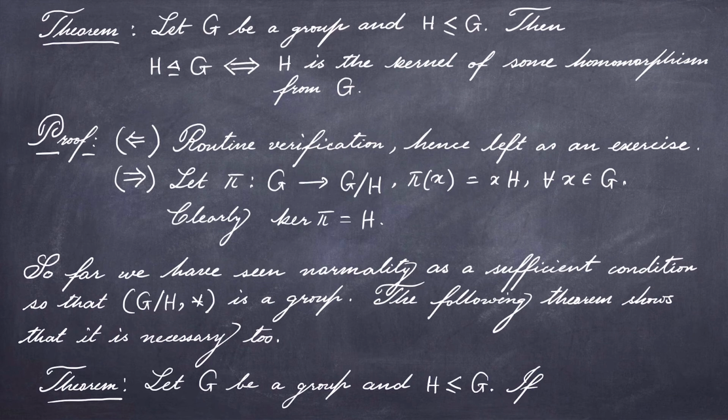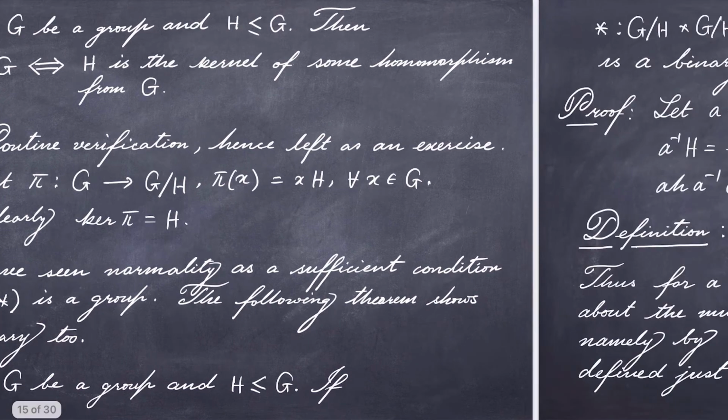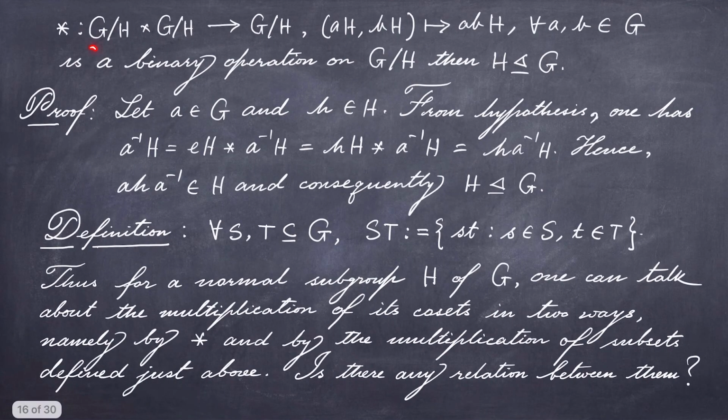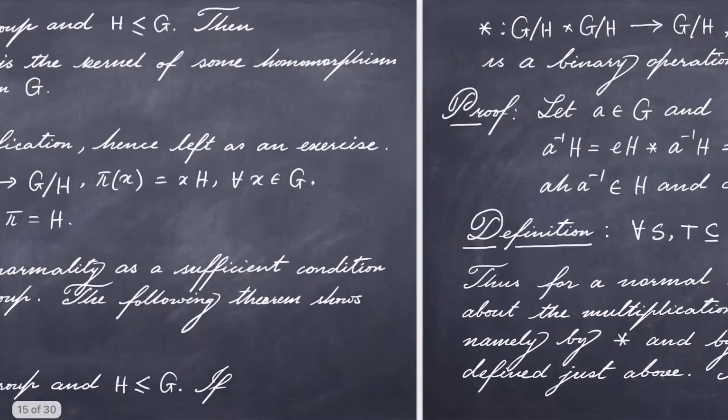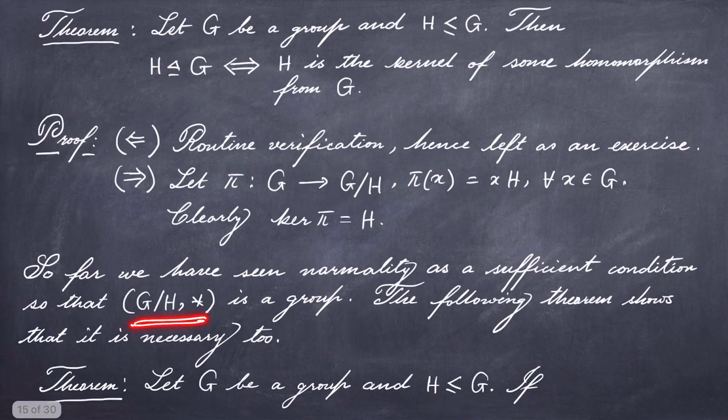If G is a group and H is a subgroup, and star defined like this is a binary operation on the collection of left cosets, then H is normal in G. Try to understand: earlier we proved that if H is a normal subgroup of G, then star defined like this becomes a binary operation, and consequently we got this as a group.